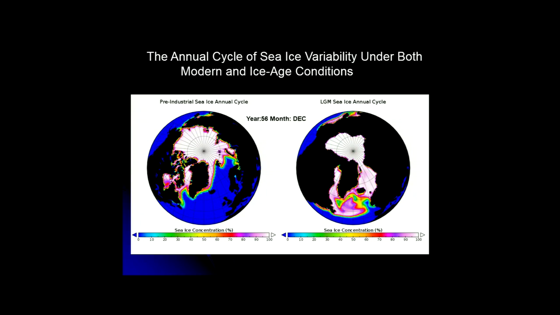So there is an enormous expansion of sea ice to the south under glacial maximum conditions. And you could understand physically why this is happening. We have this massive ice sheet to the west, the Laurentide ice sheet, across which the air that flows in the westerlies impacts the North Atlantic Ocean and induces intense sea ice growth in the winter season.